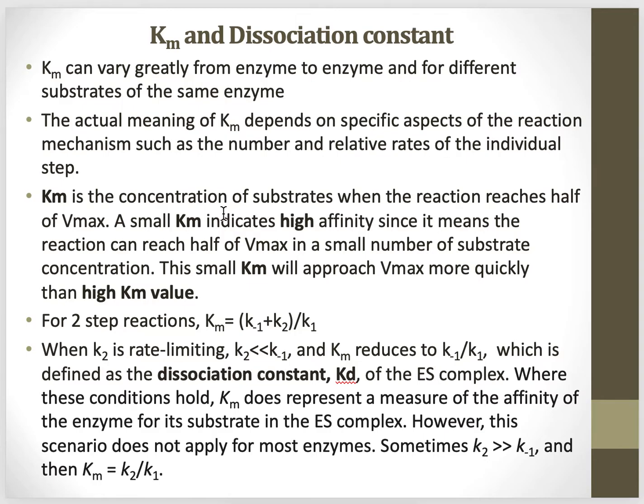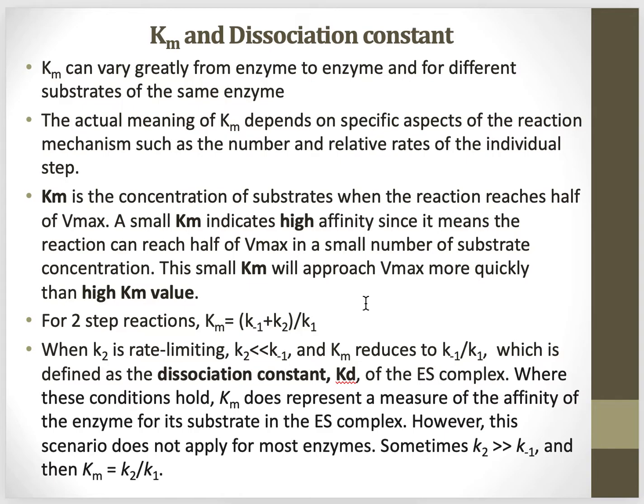Km is the concentration of substrate when the reaction reaches half of Vmax. We already saw that. Now, a small Km value indicates high affinity, since it means the reaction can reach half of Vmax at a small substrate concentration, right?